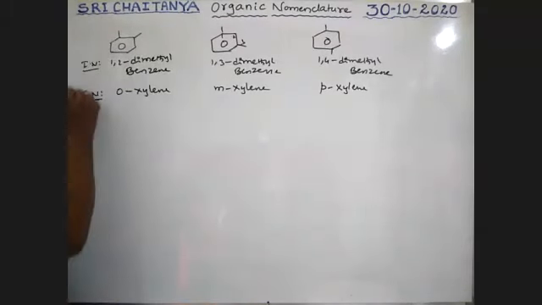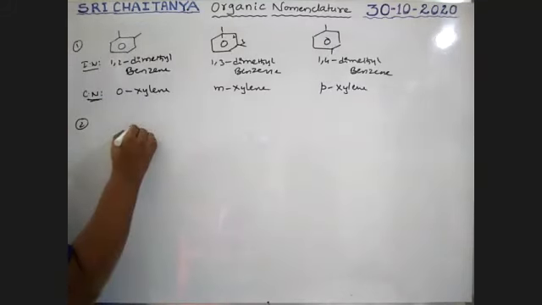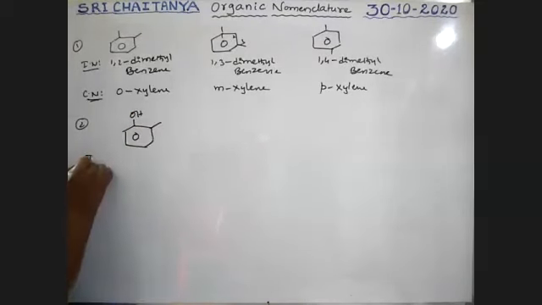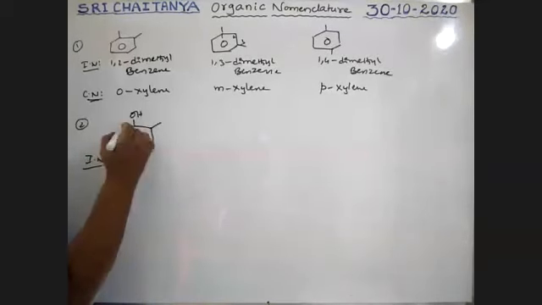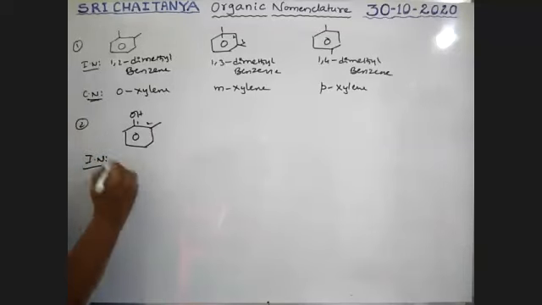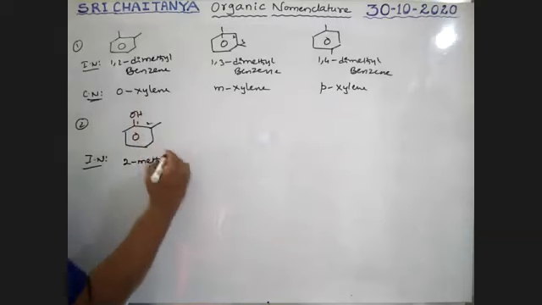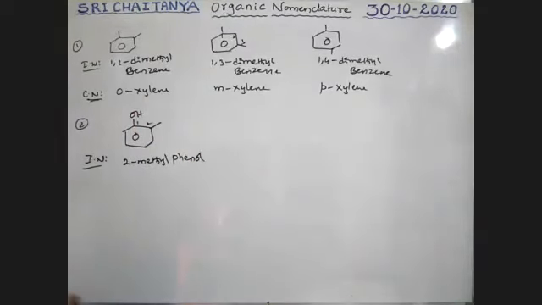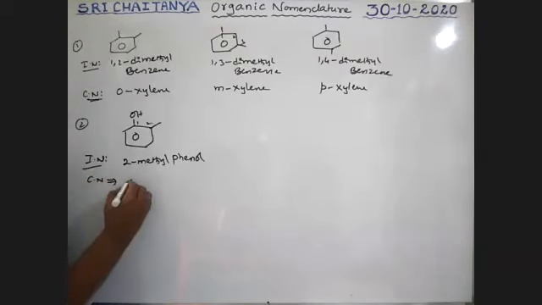Next, the second one: benzene attached with OH and a methyl group. Its IUPAC name: first carbon, second carbon, 2-methyl. It is a phenol, boys. 2-methylphenol, but the common name is orthocresol.